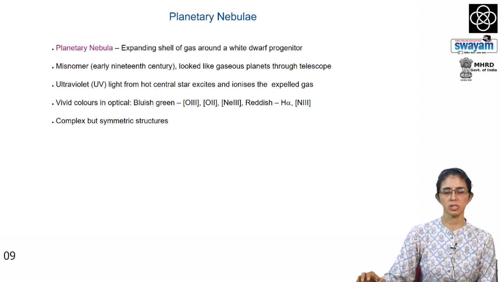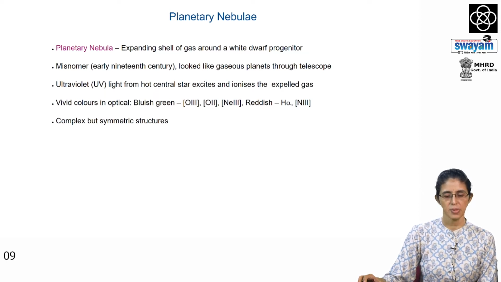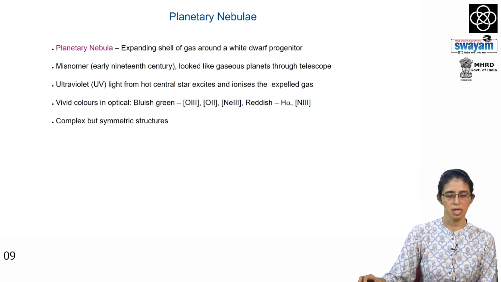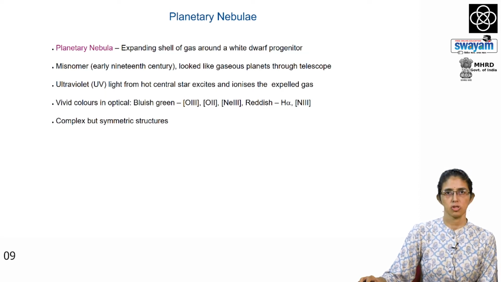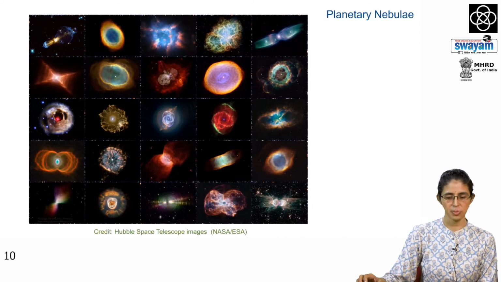In optical images, they are found to have vivid colors. For example, the bluish green is because of oxygen lines and neon lines, and the reddish hue is because of H alpha as well as nitrogen. It is found that these planetary nebulae have very complex but symmetric structures. Some pictures of planetary nebulae that have been observed by the Hubble Space Telescope are shown in this slide.